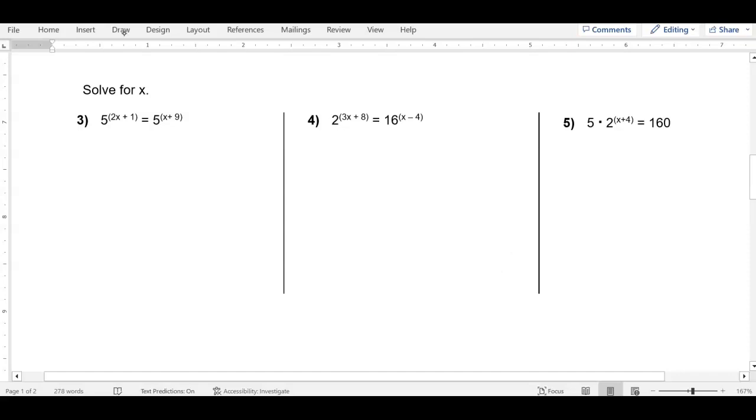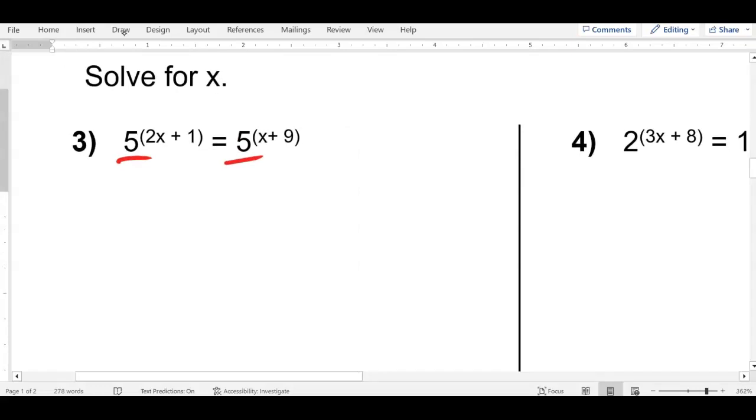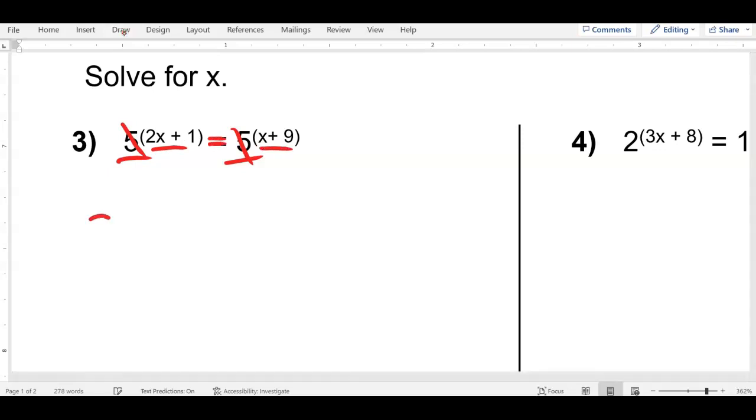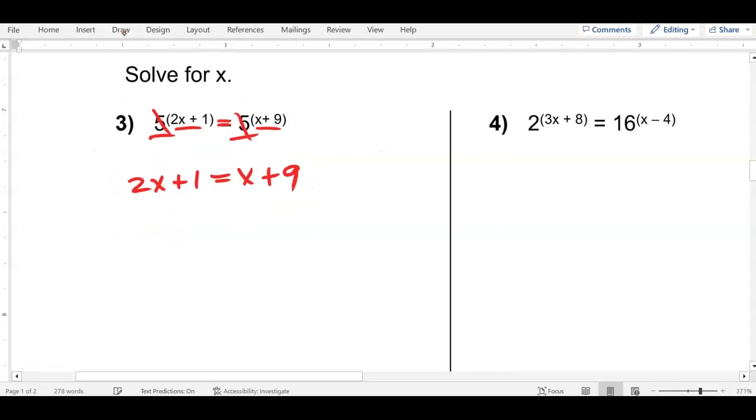Now, step 1, are the bases the same? 5 and 5 are matching, so you can slash those out and set this equals this. So 2x plus 1 equals x plus 9. And then you could solve that.